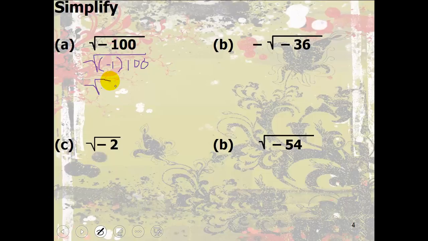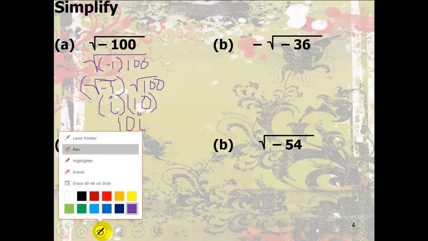This is the square root of -1, and then the square root of 100. The square root of -1 is i. The square root of 100 is 10. These are being multiplied together. So we just place the coefficient in front of the i, and we get 10i. And this is our final answer.